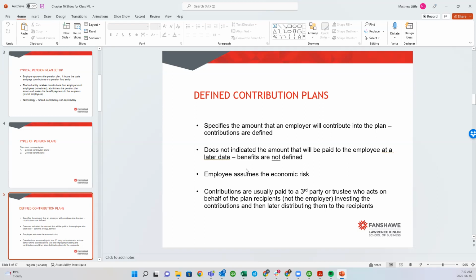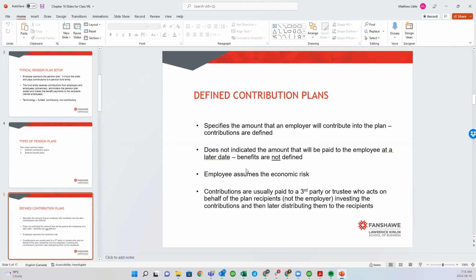To give an example, you have a salary and they say that they will provide up to 5% into the defined contribution plan, matched by you as the employee. In this case, if you choose or are required to, you would make the 5% off of your salary. The company would put in the 5% to match. So 10% of your salary would go into the defined contribution plan.